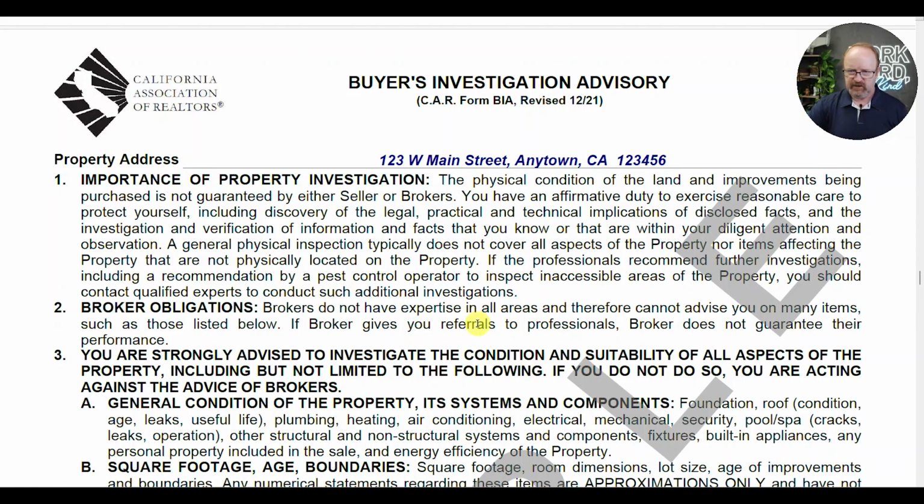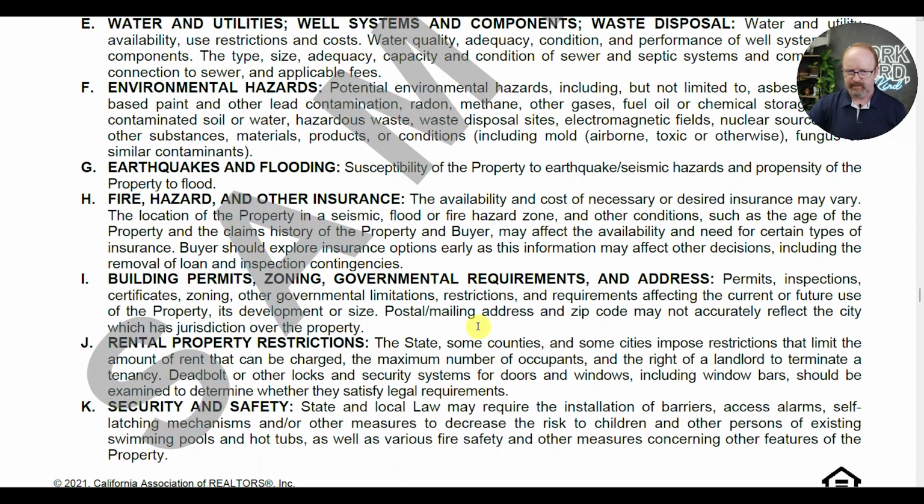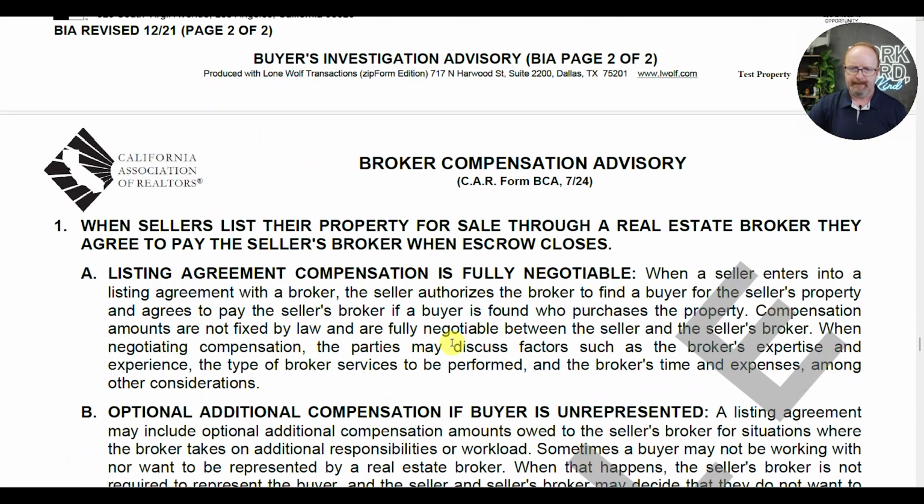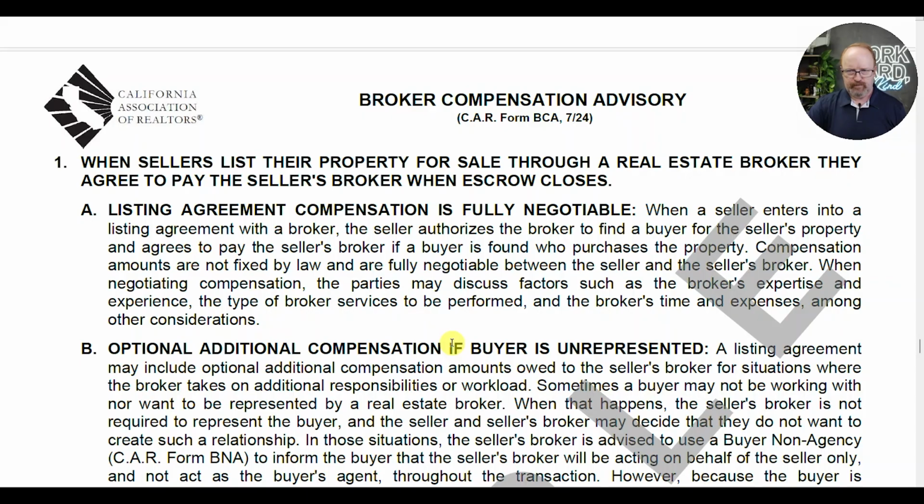There's the buyer investigation advisory for your client that talks about doing all your inspections on the property. Make sure it's the one you want. There's a new broker compensation advisory that once again spells out all of the new terminology as it relates to the NAR settlement. Compensation's negotiable.